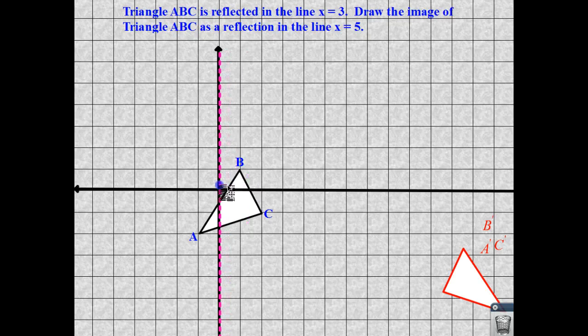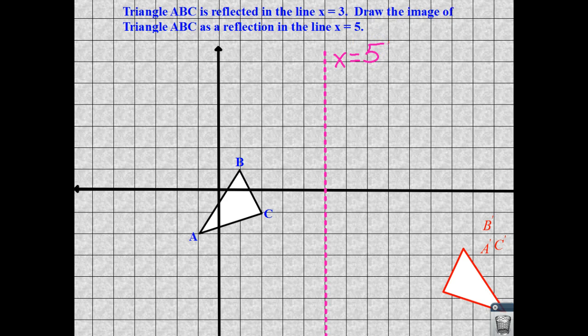So I'm going to go to my 0. I'll go 1, 2, 3. That's where I was. They want me to go to x equals 5. So 4, 5. There is my new line of reflection, and they would like me to take my triangle ABC and reflect it over my x equals 5 line.